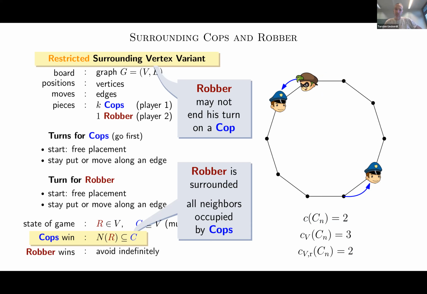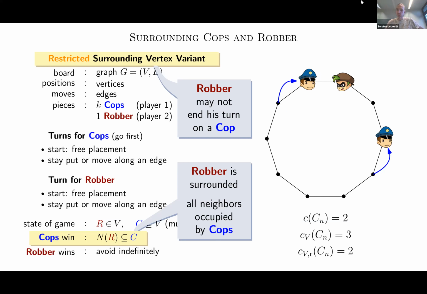So I show you how 2 cops can now capture the robber. Say we're in this situation. The cops moved there and it's the robber's turn. Now the robber cannot move onto the cop. He's not allowed to. So he can stay there or he can move in the other direction.